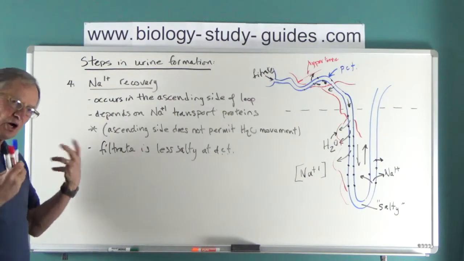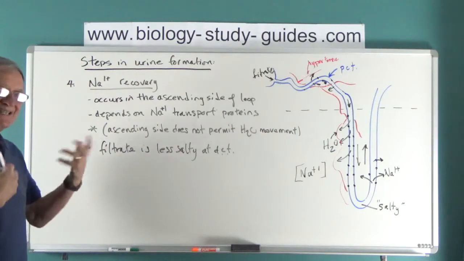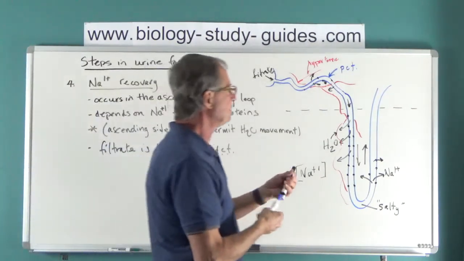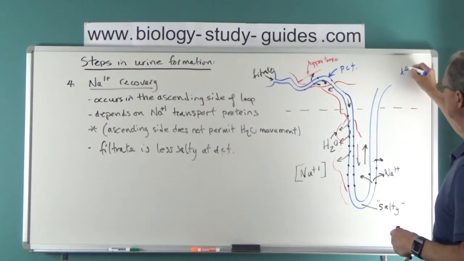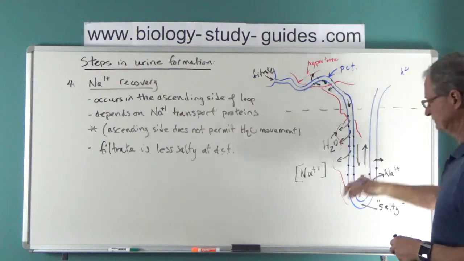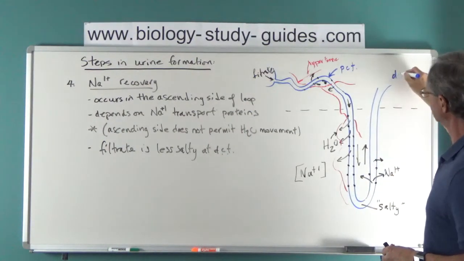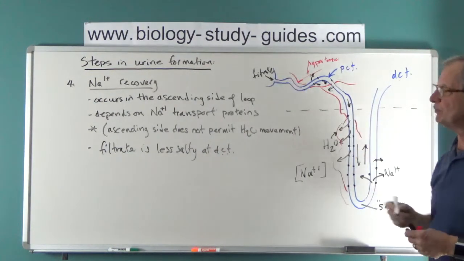I did with proximal. Proximal, if you say it's approximately, it's close to. Distal, at a distance. So the distal convoluted tubule over in this location here is at a greater distance from Bowman's capsule.